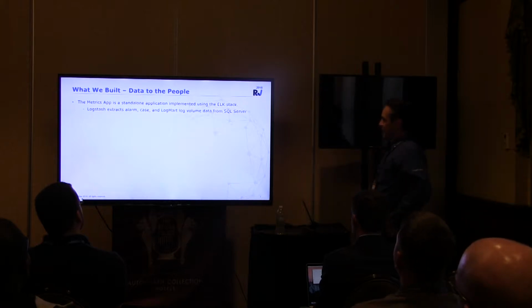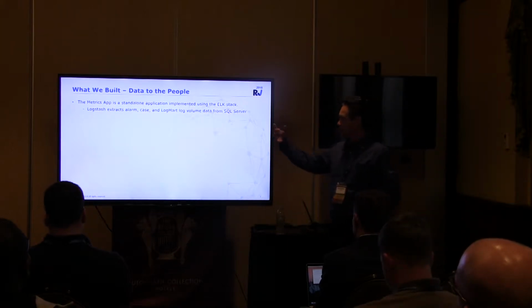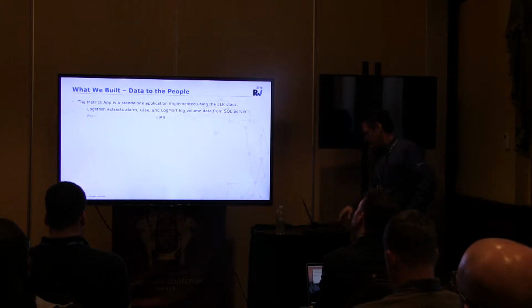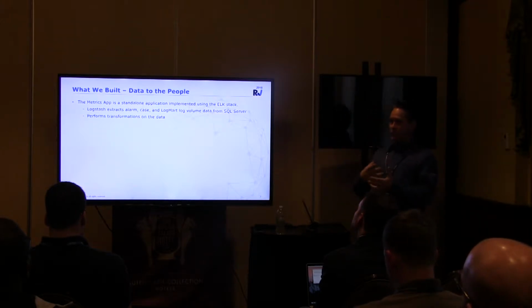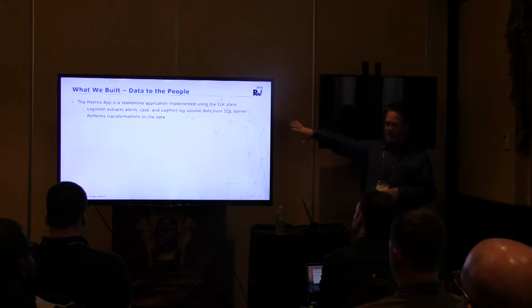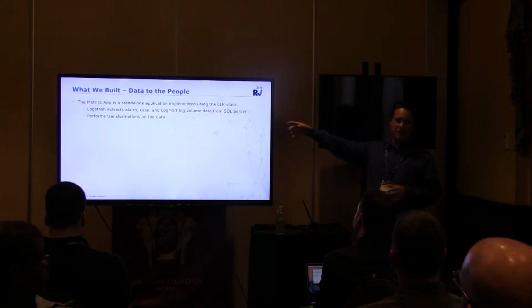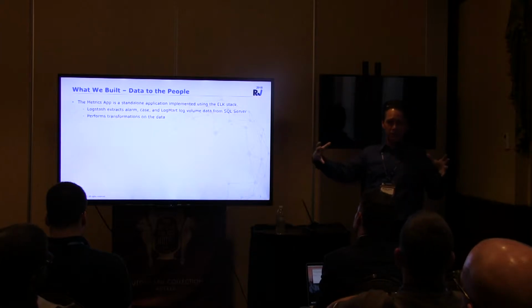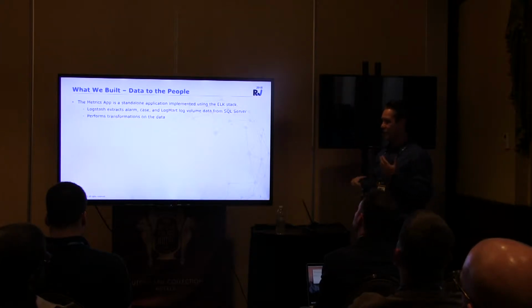What do we want to do? We use Logstash to extract the alarm, case, and logmark data from SQL Server into memory, where it performs transformations on that data. So data in the relational databases is normalized, like strings are taken out and numbers are put in to reduce record bloat, and also to optimize the relational queries that go on in the relational database.